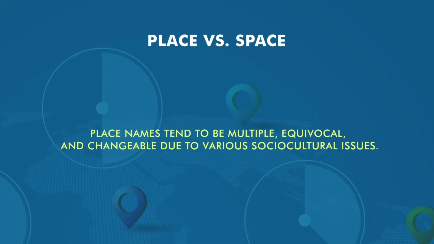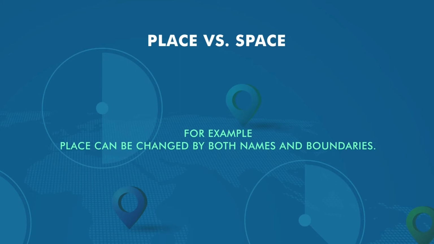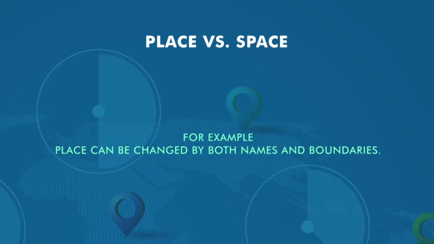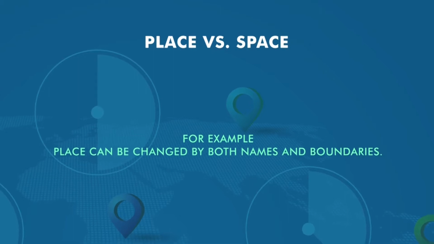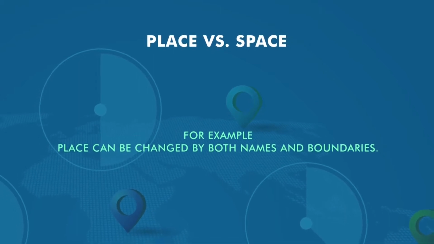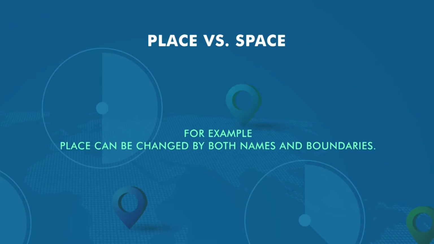So, place names tend to be multiple, or the same place may be known by many names, equivocal, that means synonymous, and changeable due to various socio-cultural issues. For example, in India we have seen a series of name changes of different important places. So, it can change by both name and by boundary.